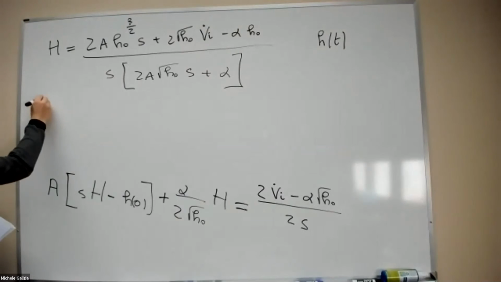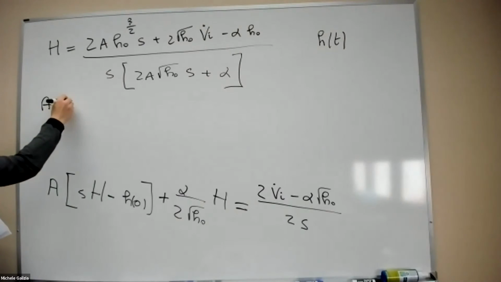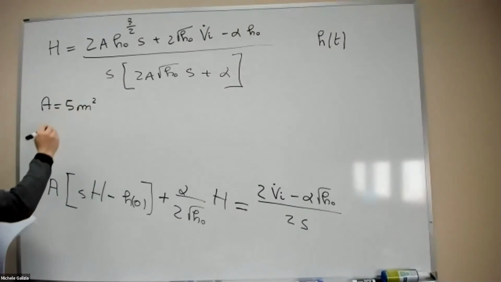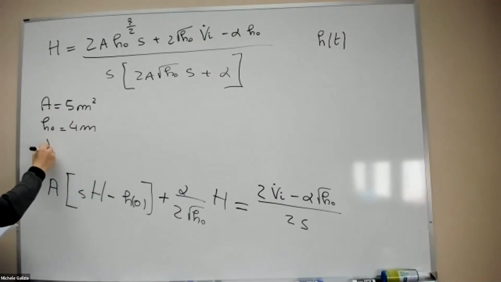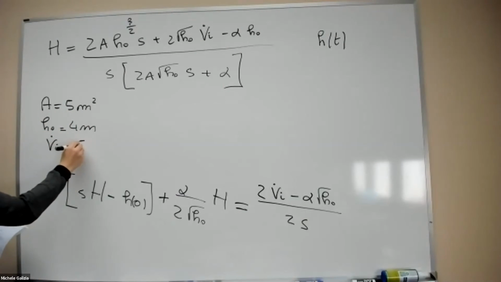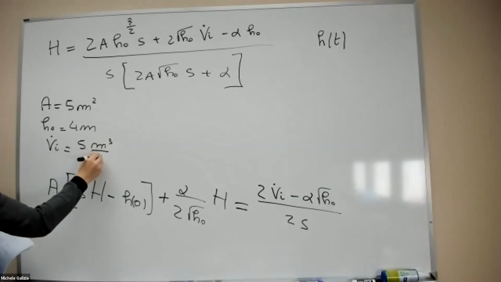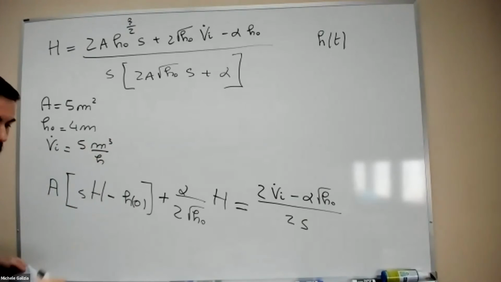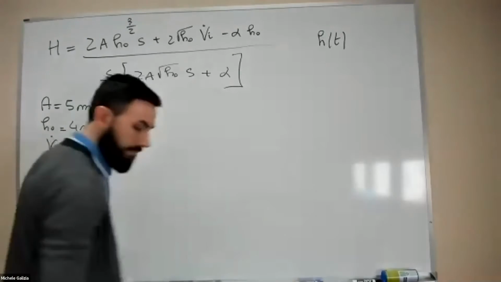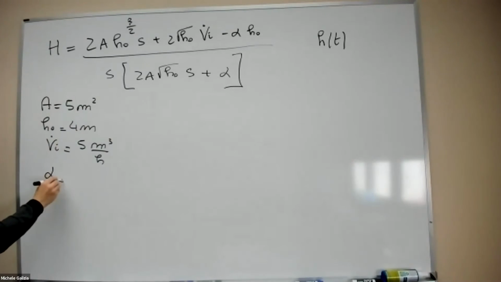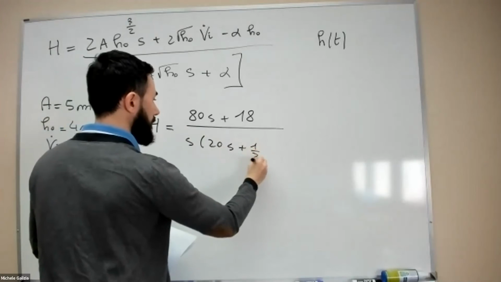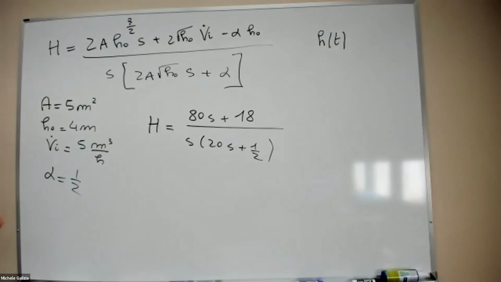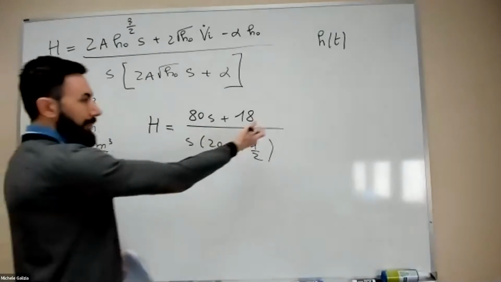Let's consider A equal to 5 square meters, H0 equal to 4 meters, Vi dot equal to 5 square meters per hour, and let's consider alpha equal to 1/2. Basically this expression becomes something like this. Much simpler, much more manageable.